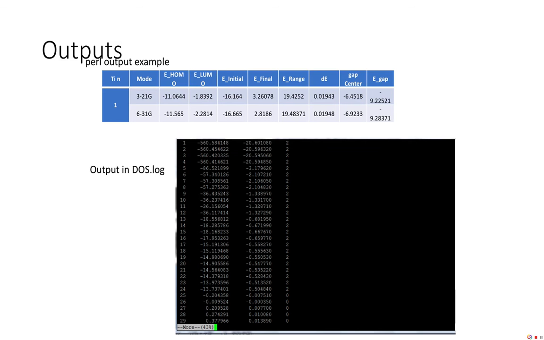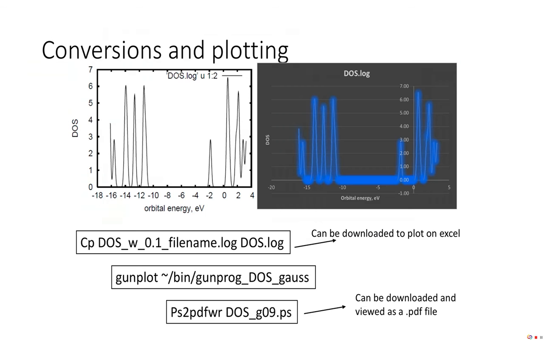You can put a file name and .log; dos.log is the command for the Excel file, and you'll get an image like the left one. To download as a PDF file, you need to use the third command, and you can find the log file like this on the right side.